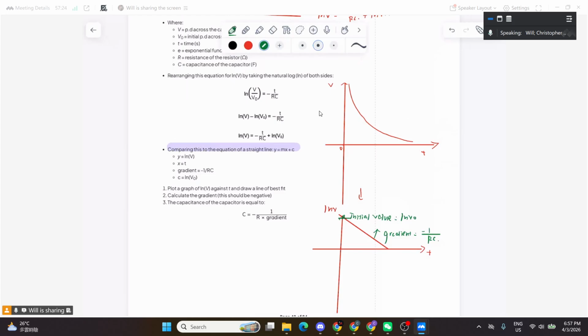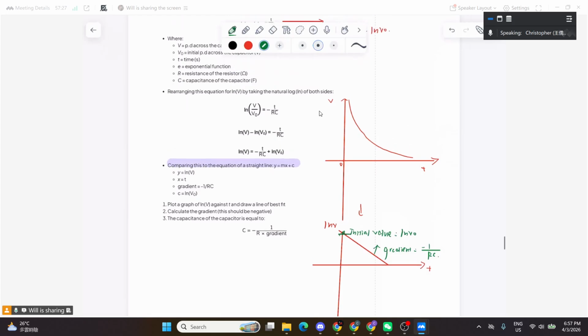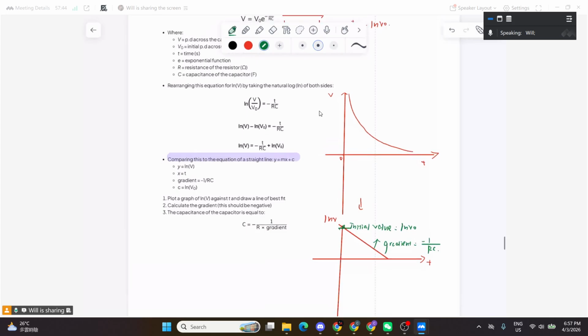So this is one example where we use the potential difference and time, in the charging or discharging process, to analyze the results and transform the exponential decay equation into the straight form.